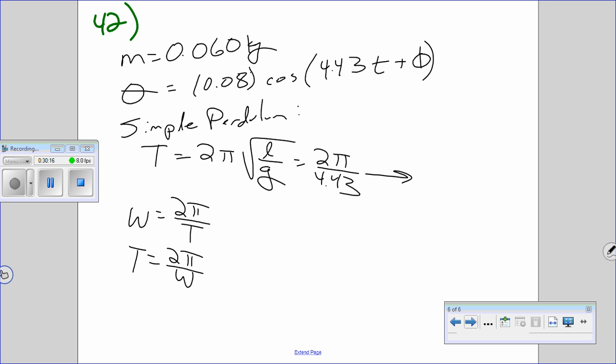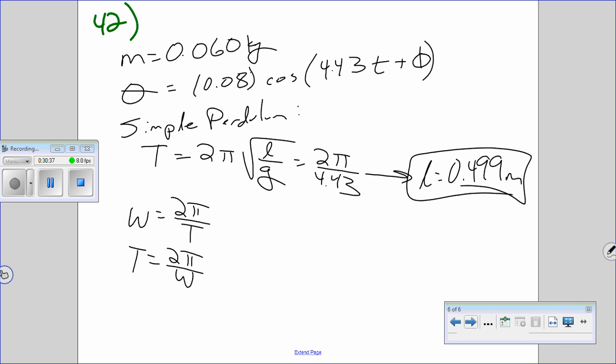Okay, so anyway, solve this, and the L turns out to be, what did we say, 0.499 meters? Yep. Okay, so that's that. So then the next part, part B, says, what's the maximum kinetic energy?